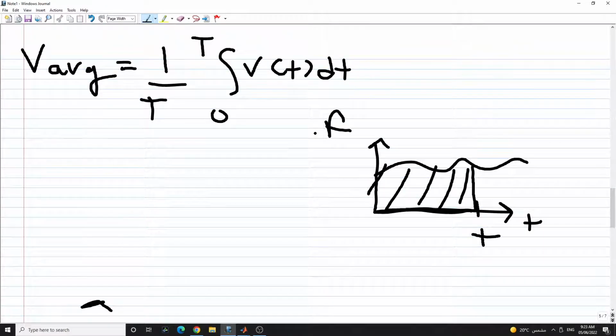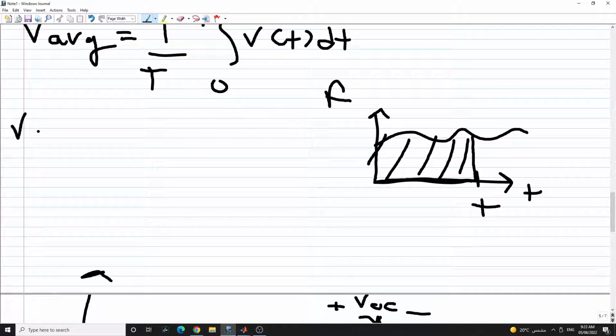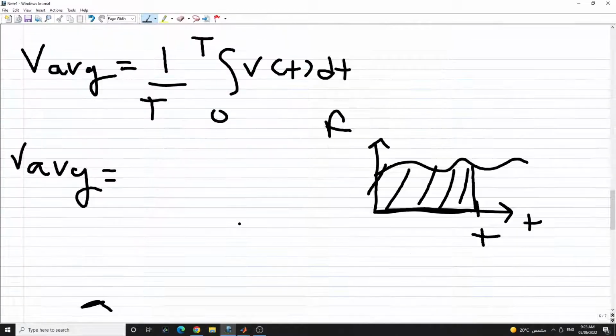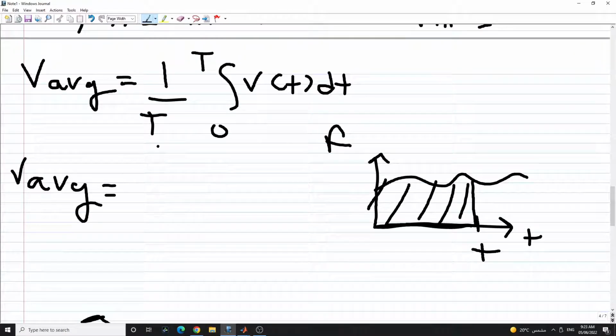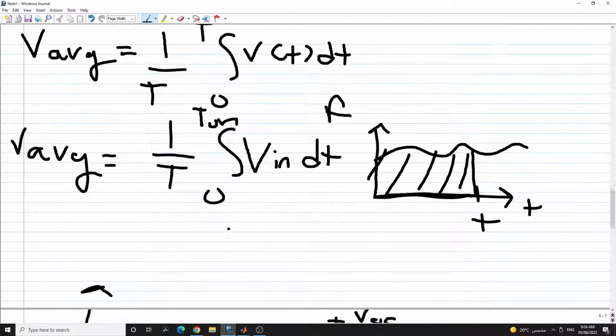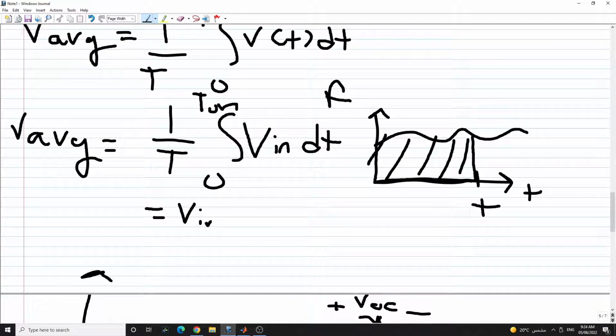And if we do the average component for our voltage waveform here, we will notice that it has a value from 0 up until T on. However, it's 0 everywhere else. So we only have to do this integral from 0 to T on. So you get 1 over T, the integral from 0 to T on, of the input voltage, which is basically a constant number. And so you end up getting V in multiplied by this duty cycle, which is T on over T.